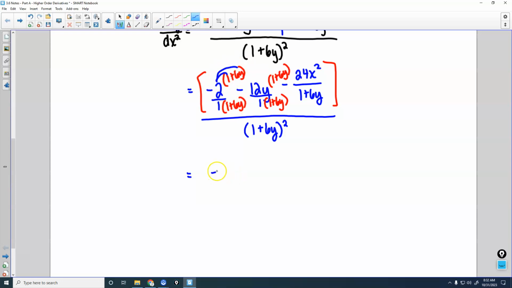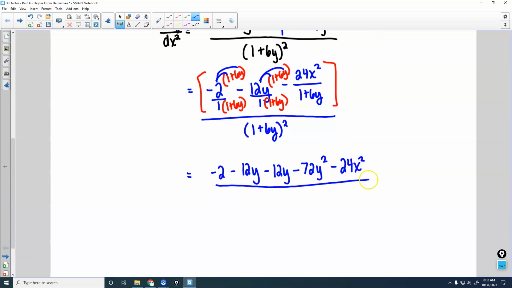So I will get negative 2 minus 12y. We'll distribute here, minus 12y minus 72y squared. And then I've got that minus 24x squared all over 1 plus 6y, over 1 plus 6y squared.